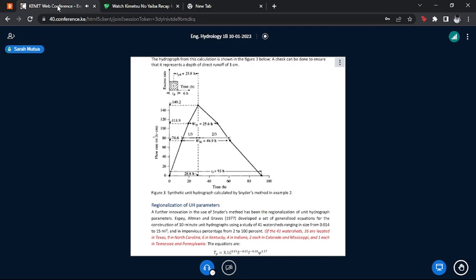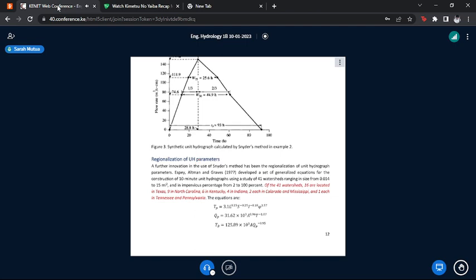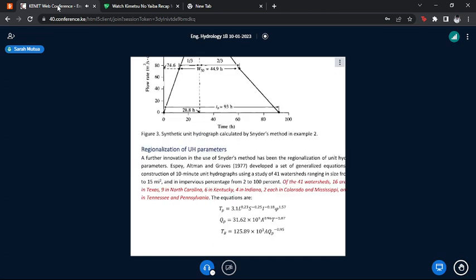Now, I want to mention a little bit about Snyder's unit hydrograph, and we will stop there. Go through the two examples, and probably in the next class we need to have a physical session so that we can do some practice on the unit hydrograph and on Snyder's unit hydrograph.